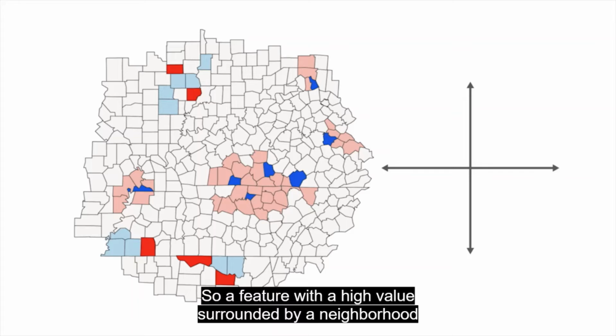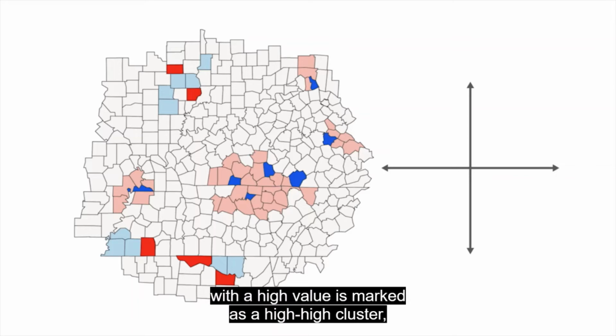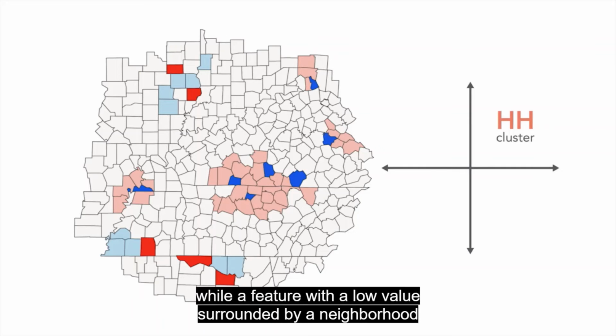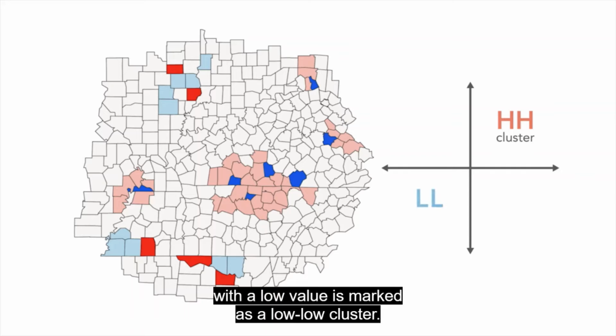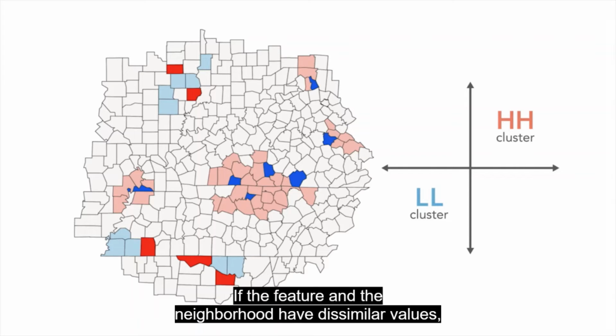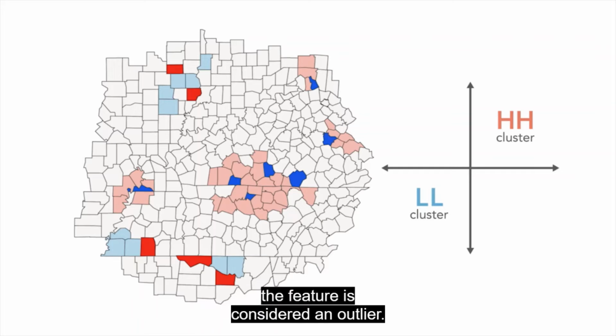So, a feature with a high value surrounded by a neighborhood with a high value is marked as a high cluster, while a feature with a low value surrounded by a neighborhood with a low value is marked as a low cluster.